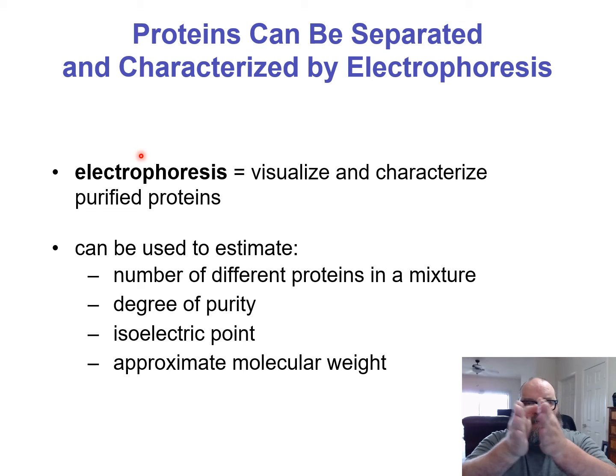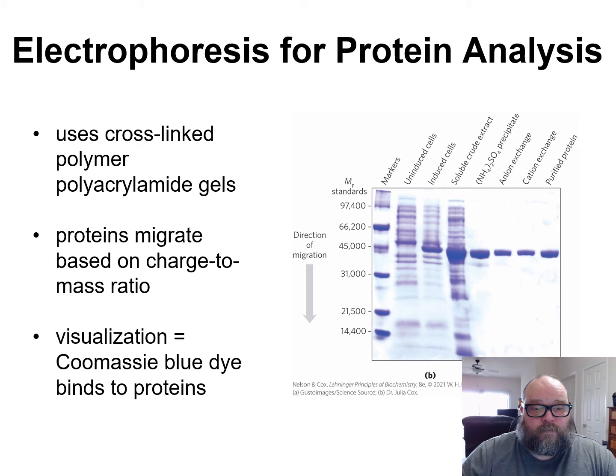So now we're making them move, but we're impeding their movement based on size. Smaller things will move farther, bigger proteins are going to impede it to the point where they won't move much.